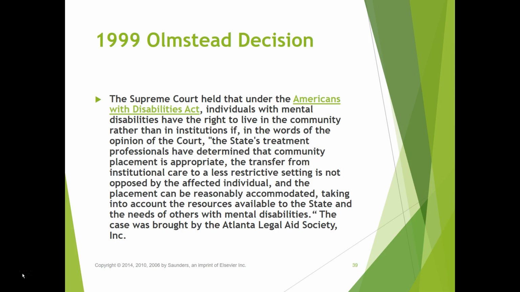Individuals with mental disabilities have a right to live in the community rather than an institution if the state's treatment professionals have determined that community placement is appropriate, the transfer from institutional care to a less restrictive setting is not opposed by the affected individual, and the placement can be reasonably accommodated, taking into account the resources available to the state and the needs of others with mental disabilities.